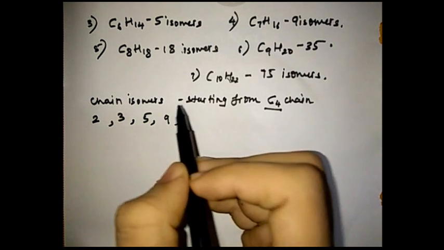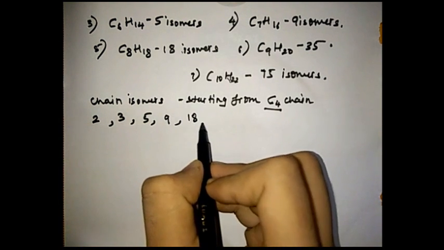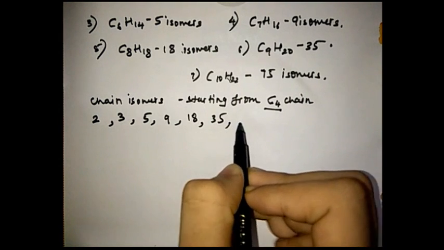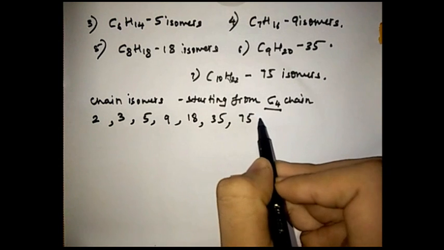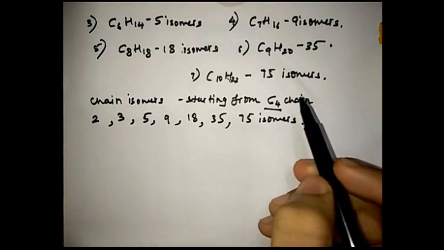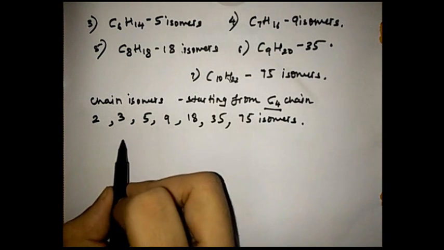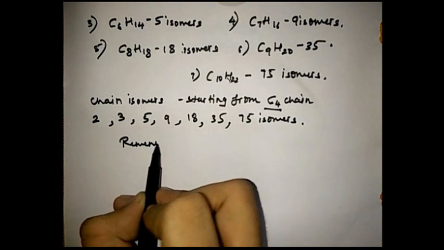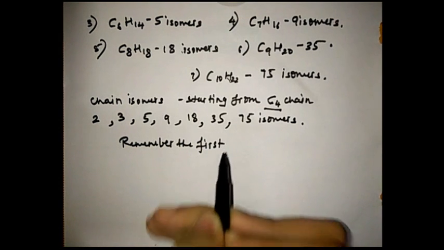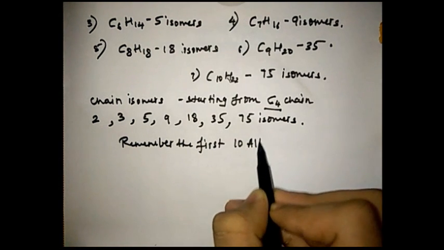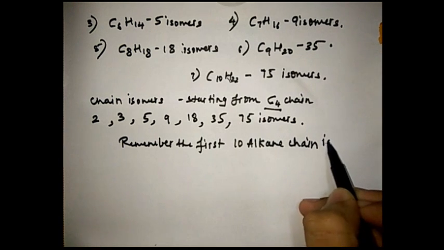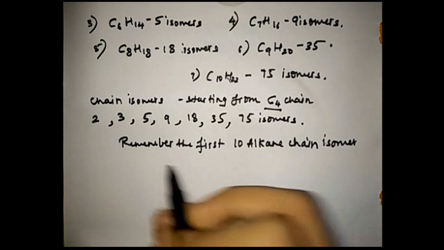Octane has 18 isomers. Nonane has 35 isomers, and decane 75 isomers. So it will be good for you to remember by heart the first 10 alkane chain isomer numbers.